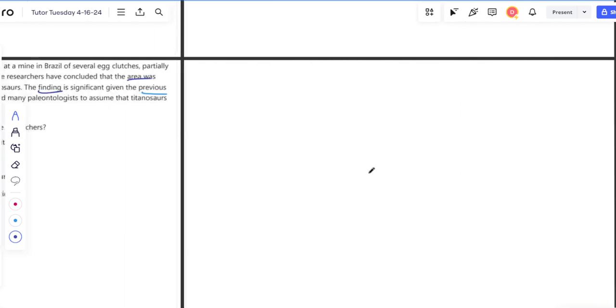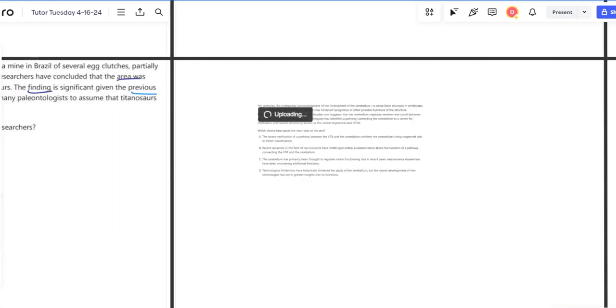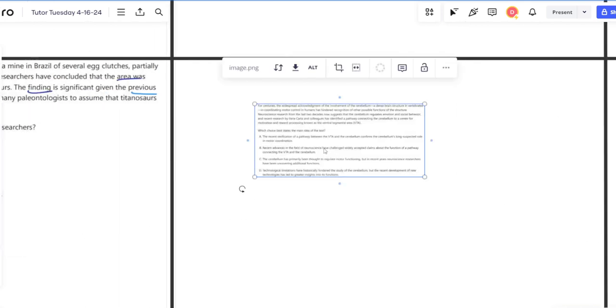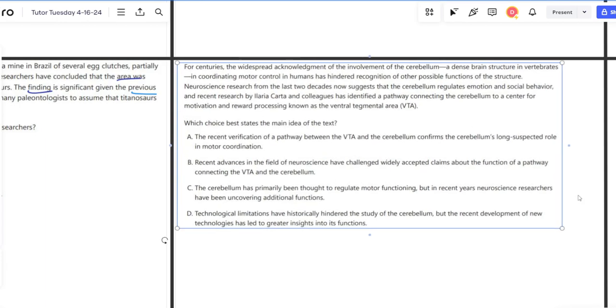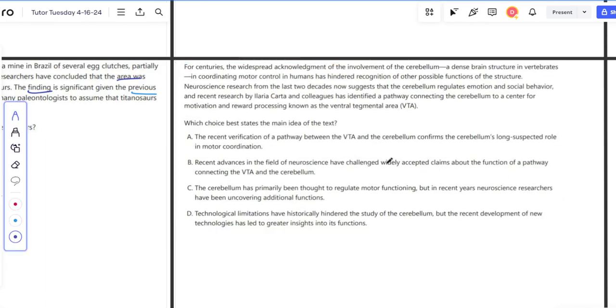Let's do one more here. Another kind of main idea question. So main idea of the text. Yeah, it looks really scientific, but let's read it and see what we can figure out. For centuries, the widespread acknowledgement of the involvement of the cerebellum, a dense brain structure in vertebrates, in coordinating motor control in humans, has hindered recognition of other possible functions of the structure.